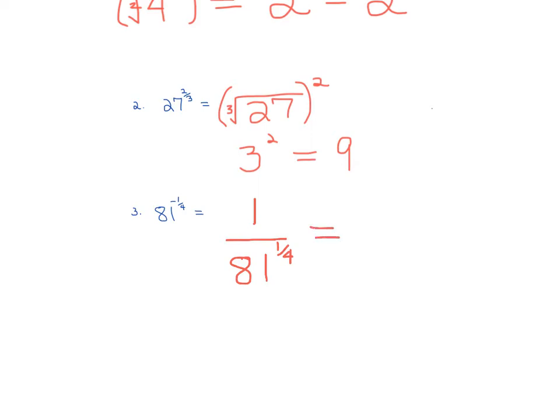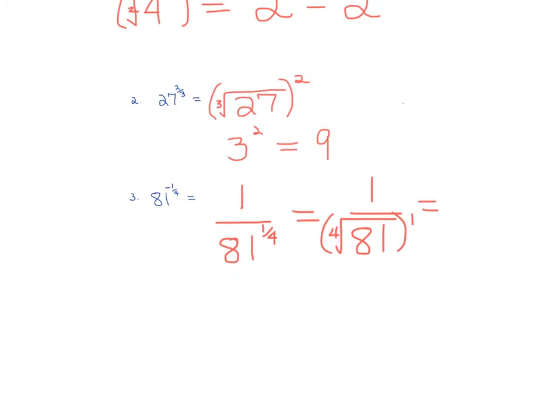Now I'm going to find the 4th root of 81 and then to the 1st power. The 4th root of 81 is 3, because 3 times 3 times 3 times 3 is 81. And then 3 to the 1st power, and I get 1/3.